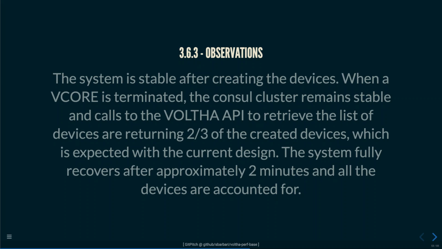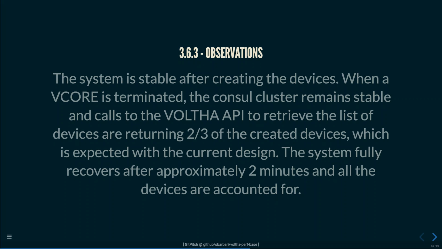Once we reached the loaded state of 80%, the vCore was terminated, and I was issuing my get list of devices during that period, and the API was still responding the whole time, although it was only returning 2/3 of the devices, which is expected in this design.